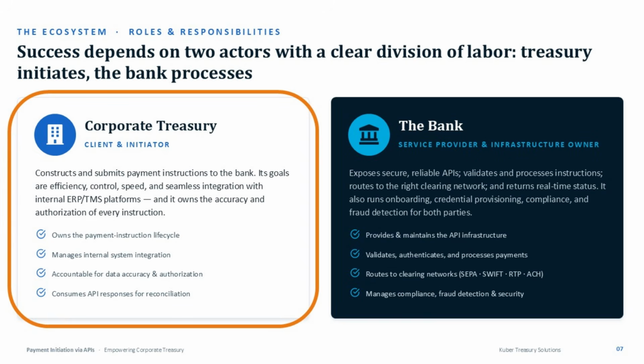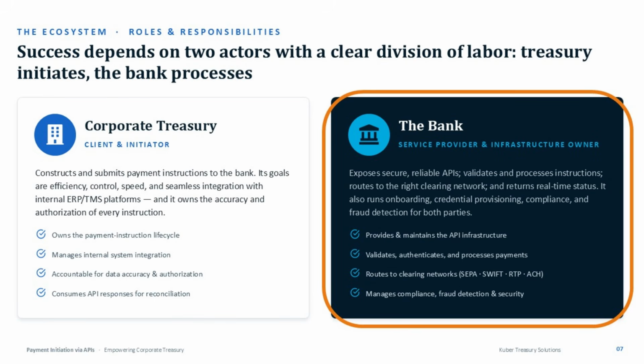The company is also responsible for connecting its ERP or Treasury Management System to the payment process. Then, after the bank sends information back, Treasury can use that information for tracking, reconciliation, and reporting.